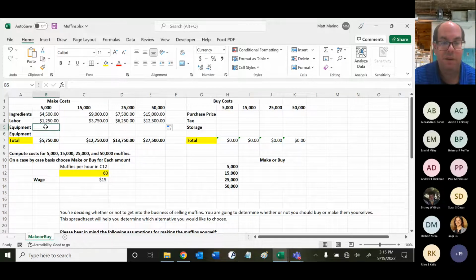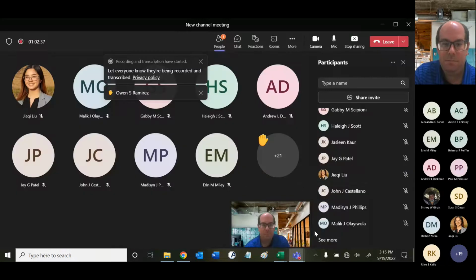All right, for equipment, what formula did we go over last week and a little bit earlier that we want to use to calculate equipment? VLOOKUP? No. The other one, hit 3 letters. Who's got a hand raised?